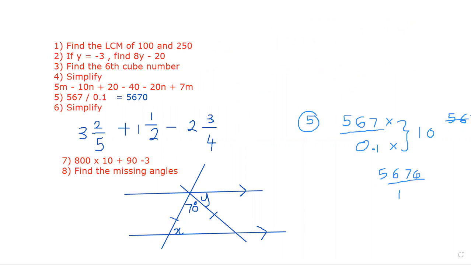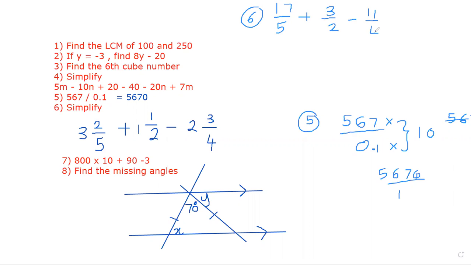The sixth question, I will erase these and do. Right. So when you are doing the sixth one, I just make it as improper. So 5 times 3, 15. 15 plus 2, it's 17 over 5. Plus 2 times 1, 2, 2 plus 1, 3 over 2. Minus 4 times 2, 8, 8 plus 3, 11 over 4.